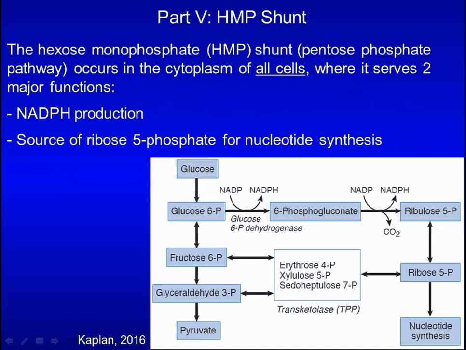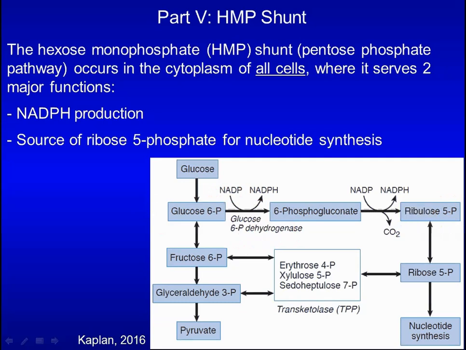The first part of HMP shunt begins with glucose 6-phosphate and ends with ribulose 5-phosphate, and it is irreversible. This part involves the important rate-limiting enzyme glucose 6-phosphate dehydrogenase, or G6PD.